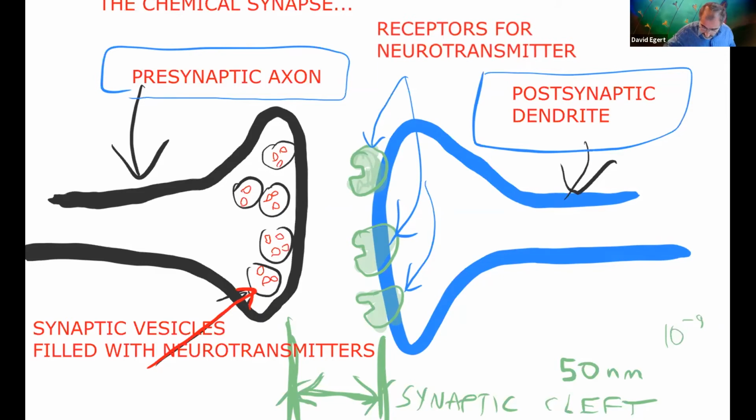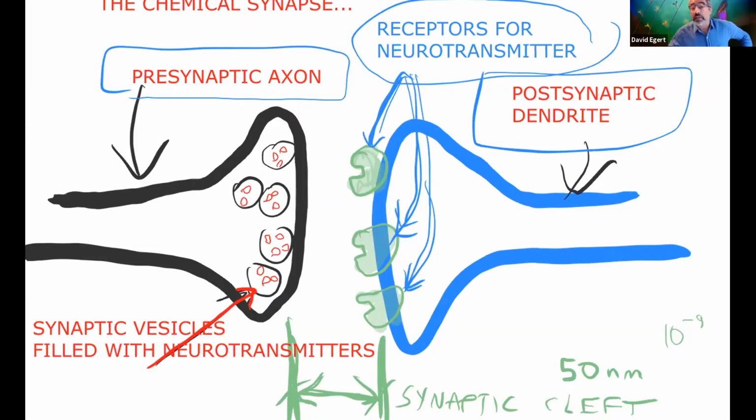There are all sorts of different neurotransmitter type receptors. We looked particularly at serotonin receptors a little bit before, but there are receptors that will bind dopamine or adrenaline or whatever. So these are the appropriate receptors for whatever neurotransmitter is sitting in these little vesicles.